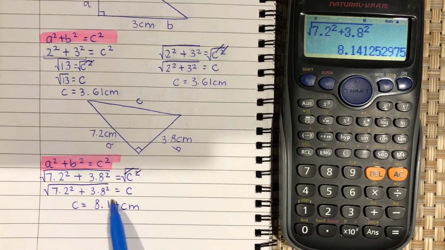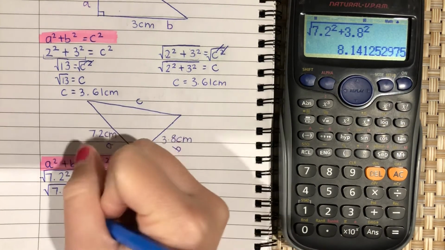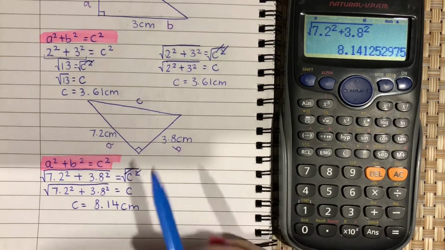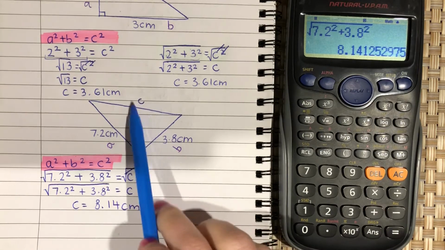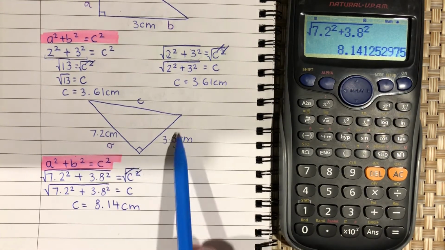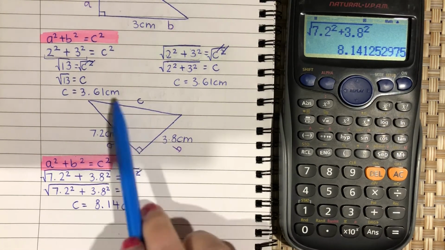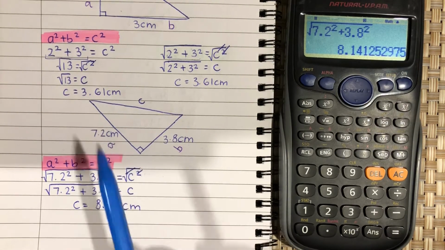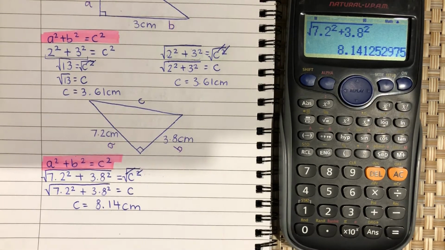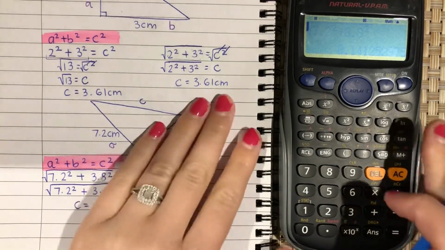And we know that this definitely could be the answer for the hypotenuse, because 8.14 is a greater number than 7.2 and 3.8. So this will be the longest length, or the longest side, in this right angle triangle. All right, one more.